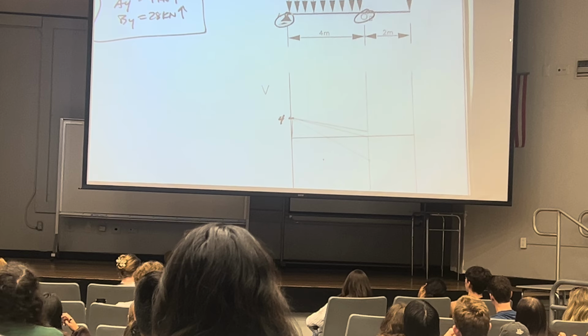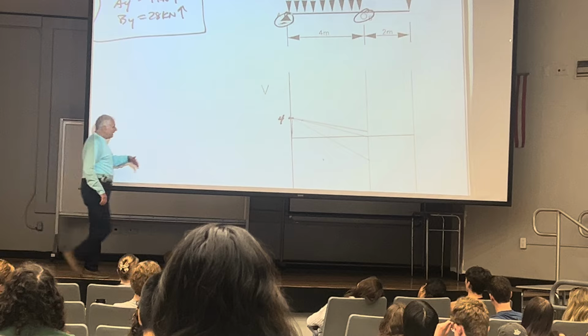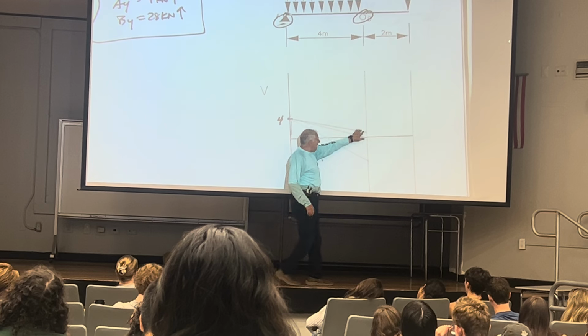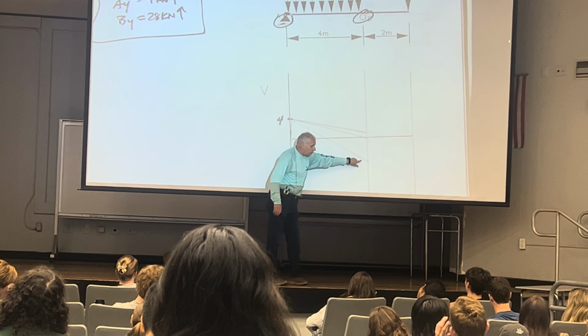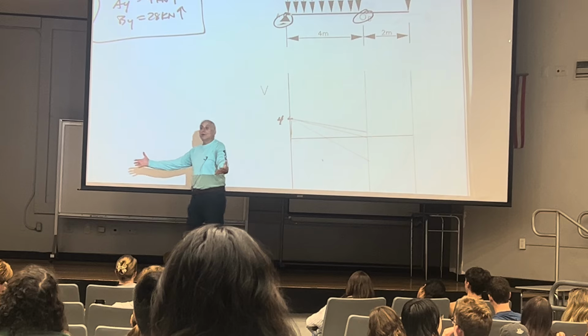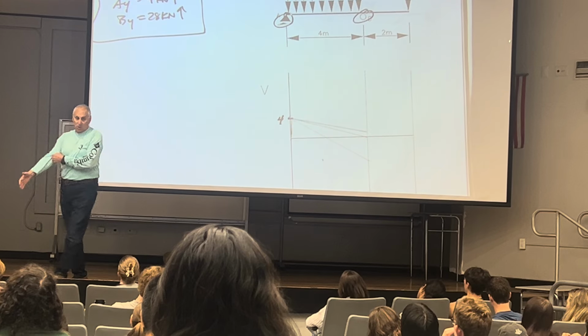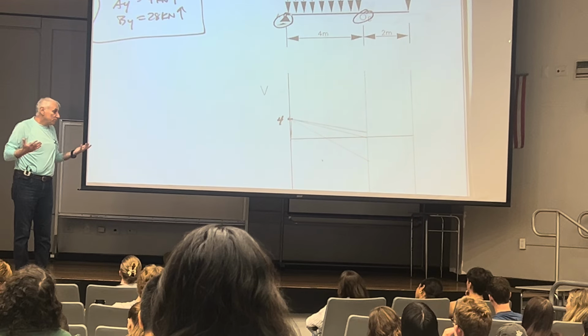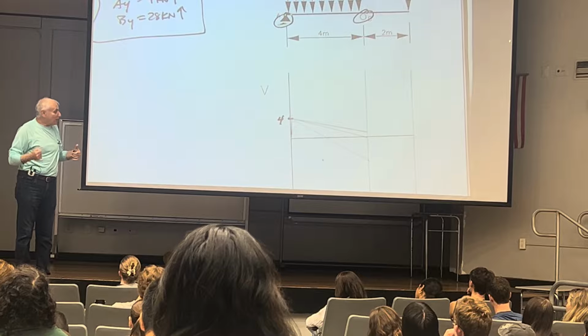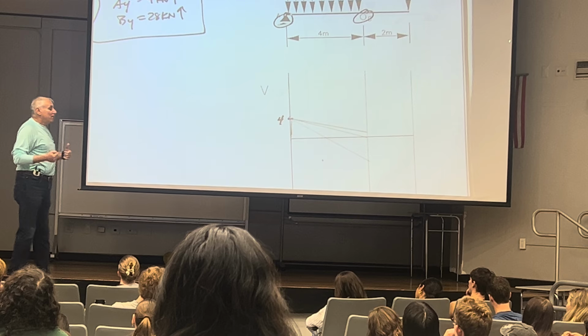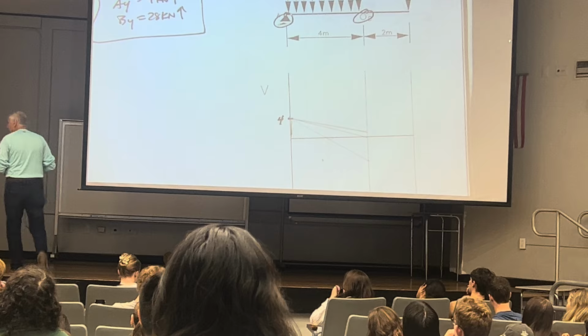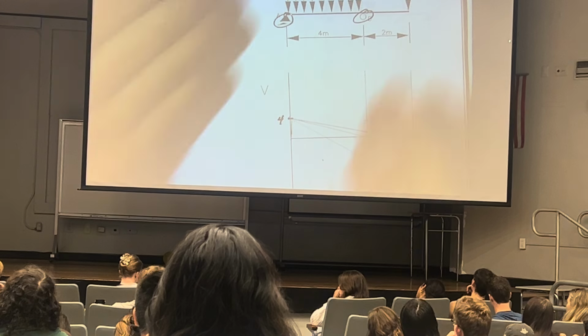Those are my possibilities. It could be a line that goes to a positive value, could go to 0, or could be a negative. Any one of those 3 is possible. How do I know which one? Find the area underneath the distributed load.